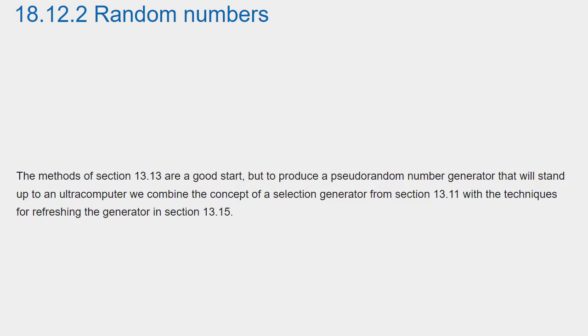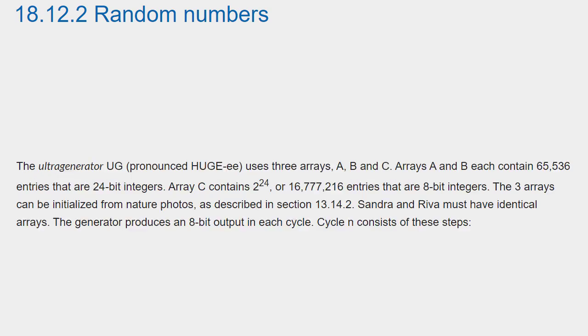Section 18.12.2 Random numbers. The methods of section 13.13 are a good start, but to produce a pseudo-random number generator that will stand up to an ultracomputer, we combine the concept of a selection generator from section 13.11 with the techniques for refreshing the generator in section 13.15.